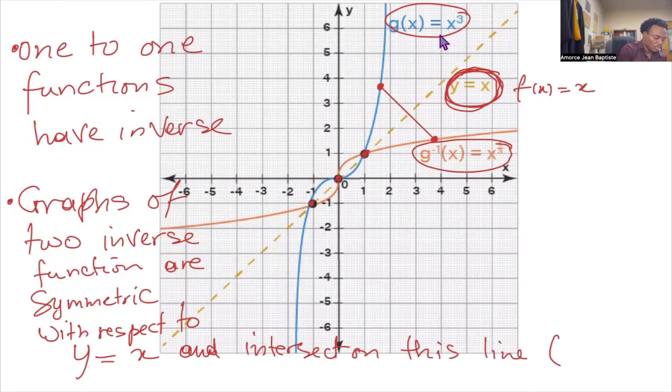This line. They intersect on this line as well. So basically, that's a sign for you to identify the graph of two inverse functions.